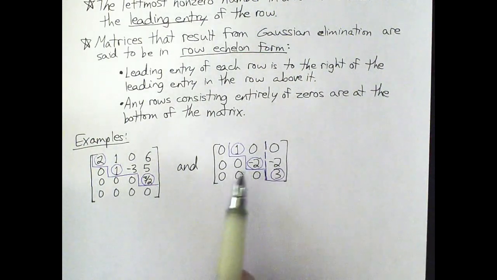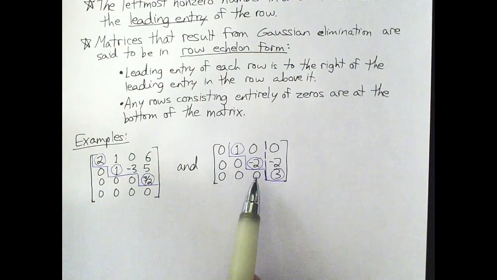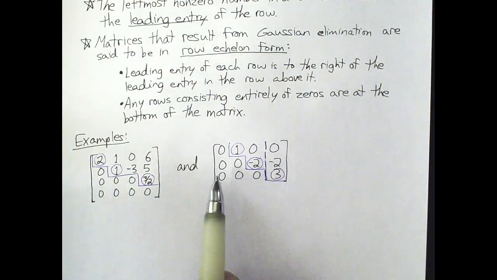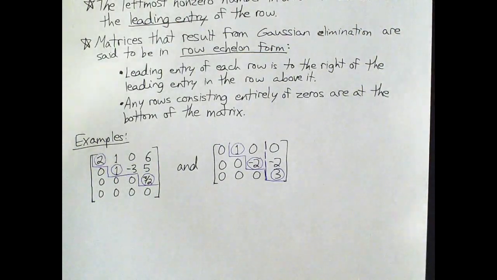But this last row is saying 0x1 plus 0x2 plus 0x3 equals 3. So all together, that last row is saying 0 equals 3, which is nonsense. That's never true. So this is one of those cases, like we saw last time, where it's inconsistent. There are no solutions to this system. And that's one of the nice things about row echelon form, that we were able to see it pretty quickly.